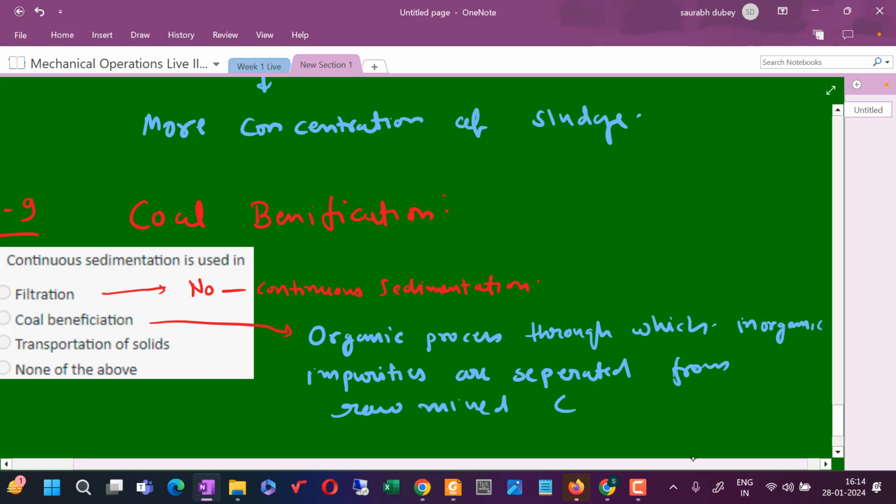So it involves the process of sedimentation, thereby providing improved combustion characteristics to the fuel produced.